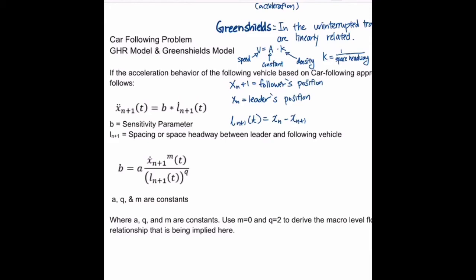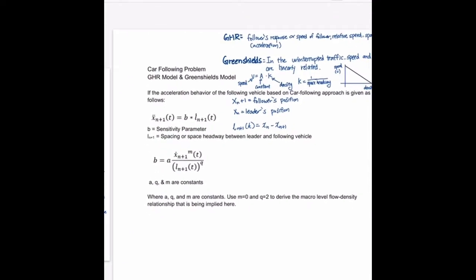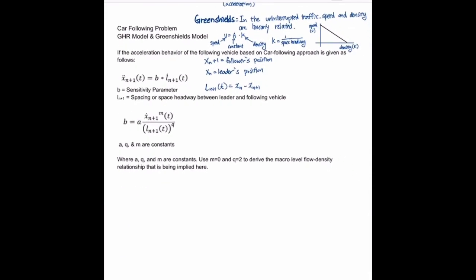So what this means is that sensitivity is directly related to the speed of the follower and has an inverse relationship with the space headway. And the space headway can also be written as the leader's position xn minus the follower's position xn plus 1.